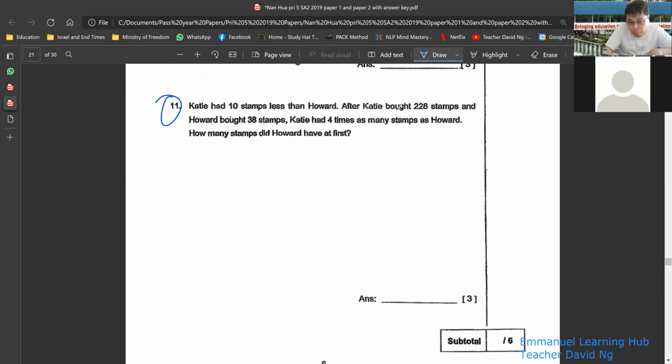After Katie bought 228 stamps and Howard bought 38 stamps, Katie had 4 times as many stamps as Howard. So this is the question, right? The typical before and after question.